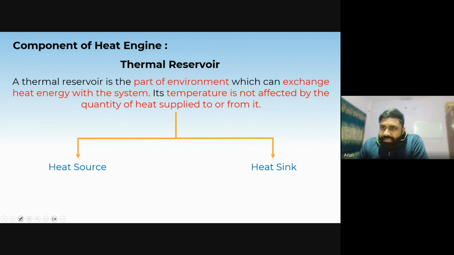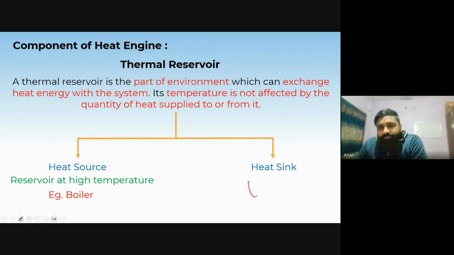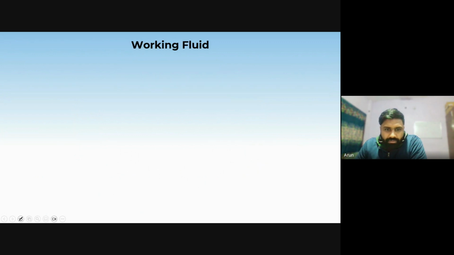Heat source is that from where we take the heat, and heat sink is that to where we reject the heat. Or you can say hot reservoir, and heat sink is a cold reservoir or surrounding or sink.